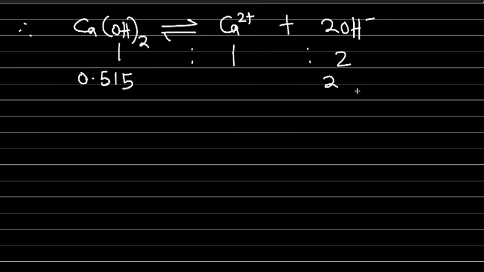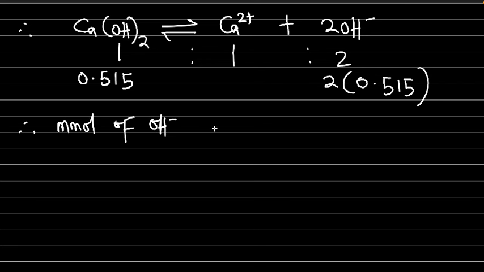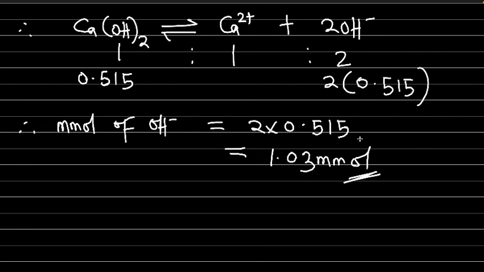Now this guy is going to be 2 times 0.515. So therefore, millimole of OH minus equals 2 times 0.515. Once you press your calculator, 0.515 times 2 will give us 1.03 millimole.